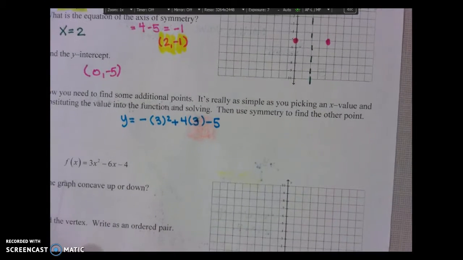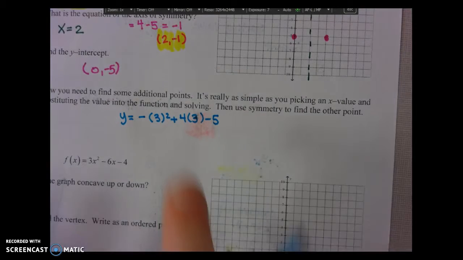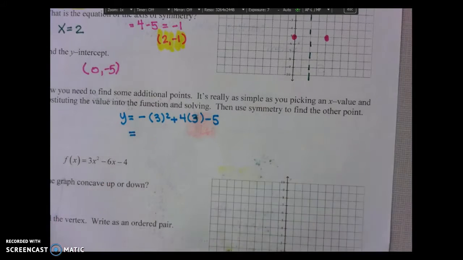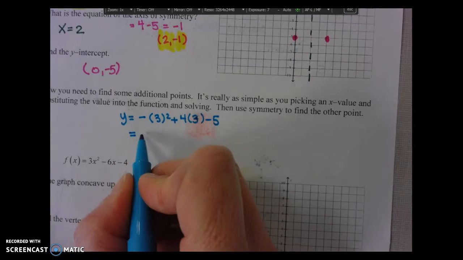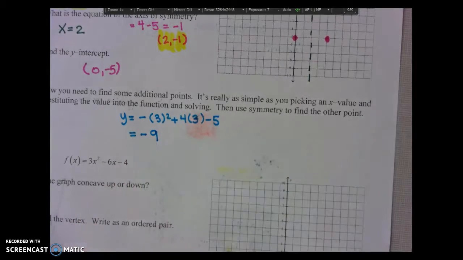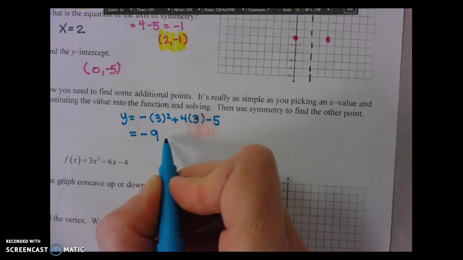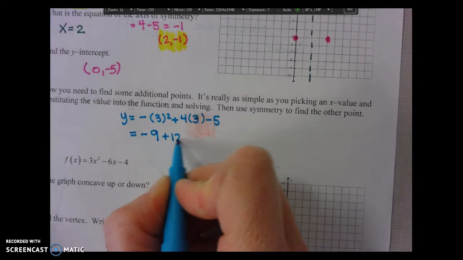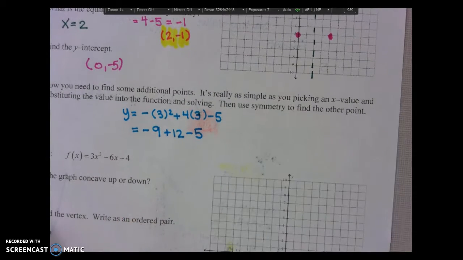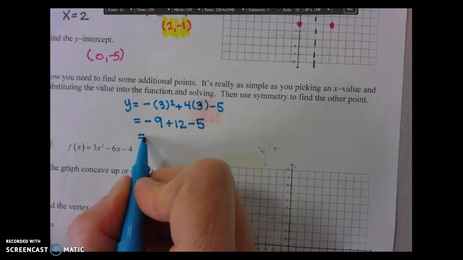Let's see what happens. Order of operations says 3 squared. 3 squared is not 6. It's 9. This negative means negative 1 times that. 4 times 3 is 12. Again, I don't need no stinking calculator. I can do this with my brain.